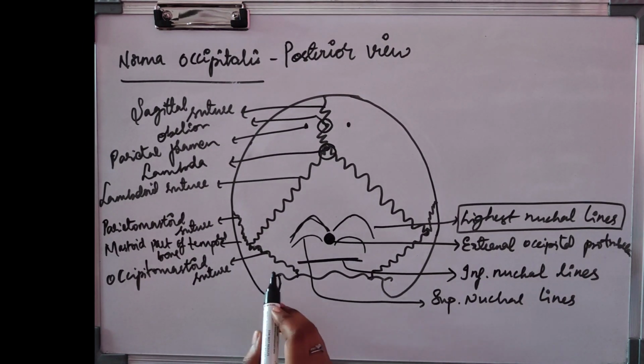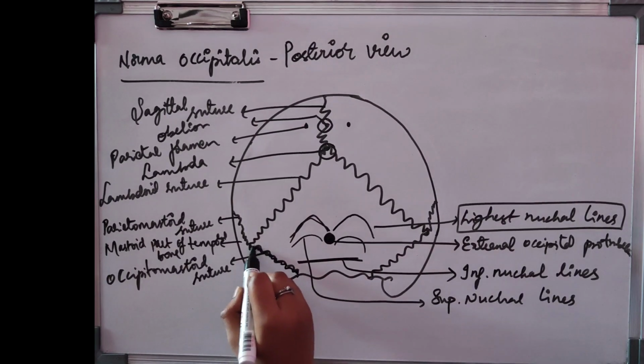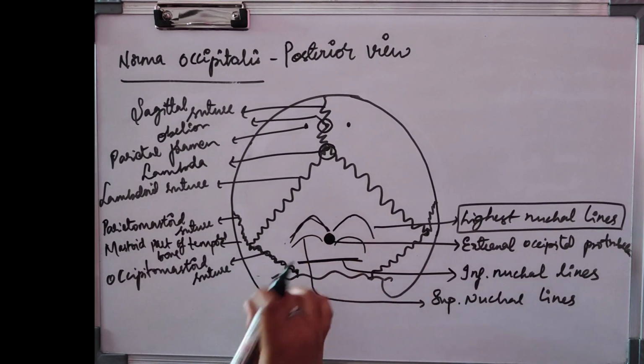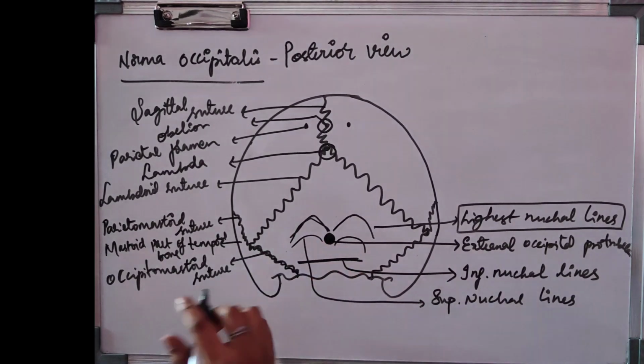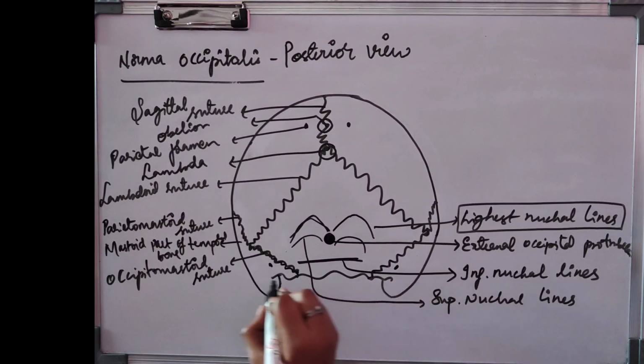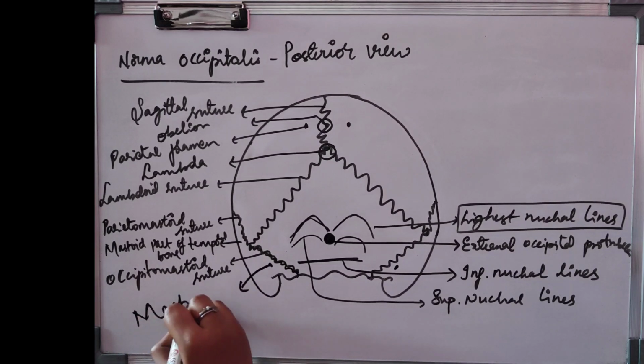And near the occipitomastoid suture, this is the suture present between the occipital bone and the mastoid part of the temporal bone, we find one opening that is known as mastoid foramen.